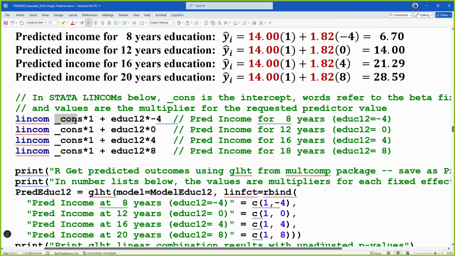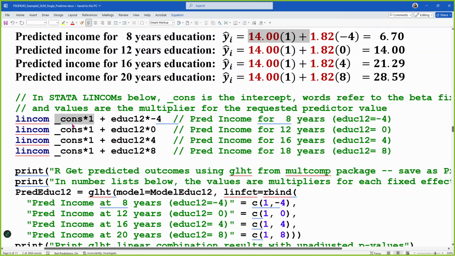The first one, underscore const times 1. That's this. So when Stata reads underscore const, it says, oh, they're talking about the fixed intercept. What was that again? Oh yeah, the model said it was 14. Let's plug that value in.